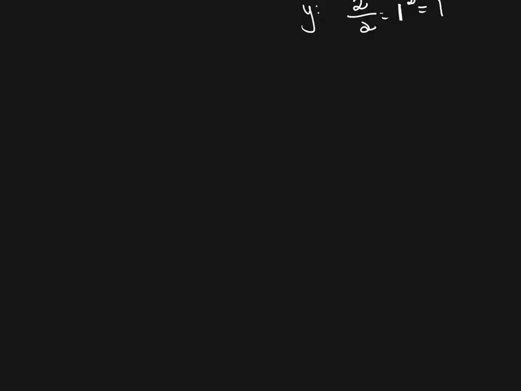Okay, so this time we are given that our equation is x squared plus y squared plus 8x minus 14y plus 40. We're told that's a circle, but we want the standard form.